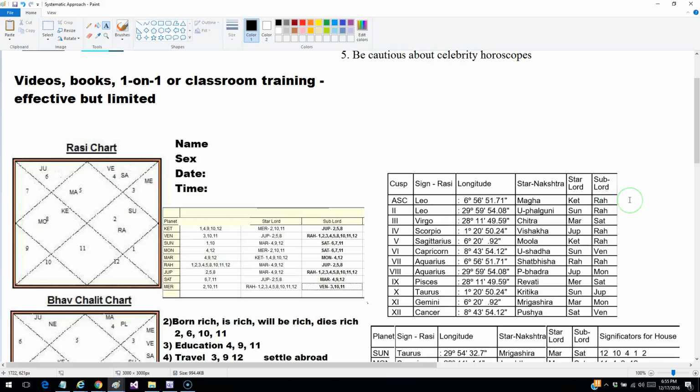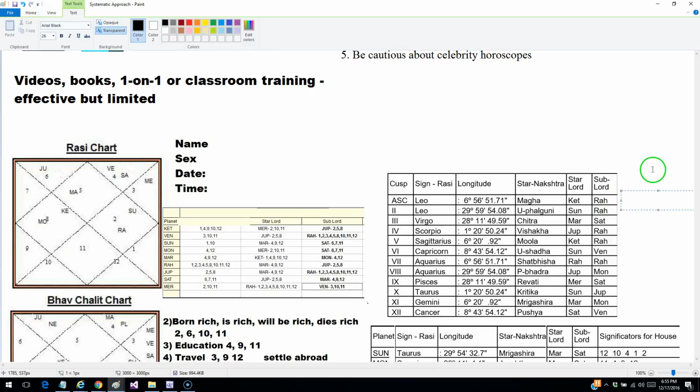At that time, you have to sit up and think about whether the cuspal sublord is accurate or inaccurate. And this is where you will be scratching your head about the time of birth.